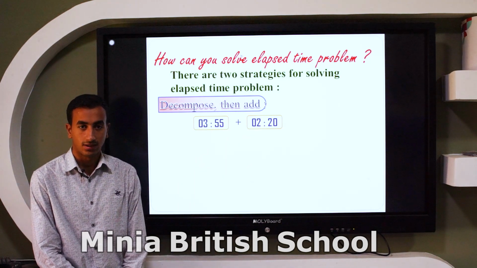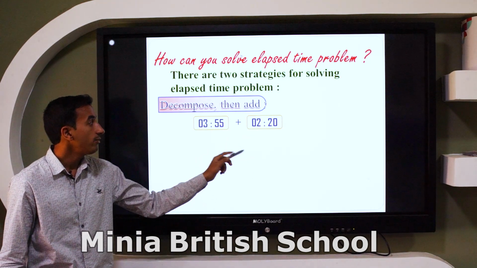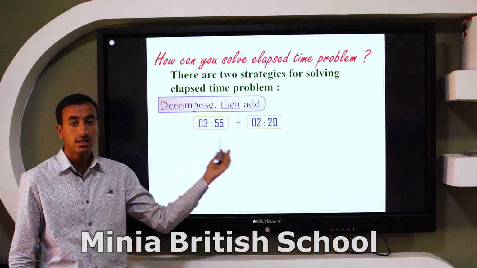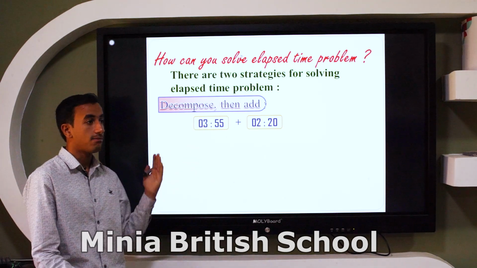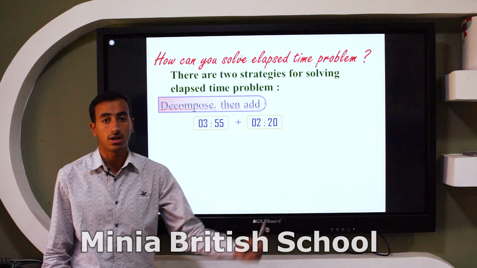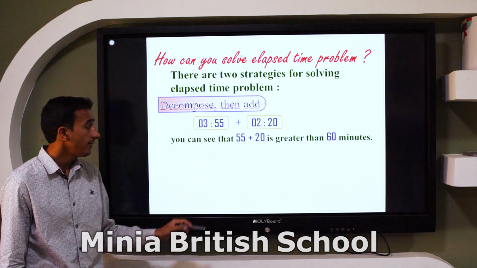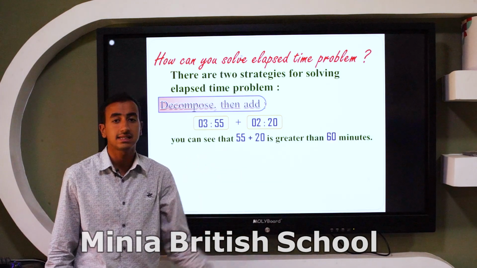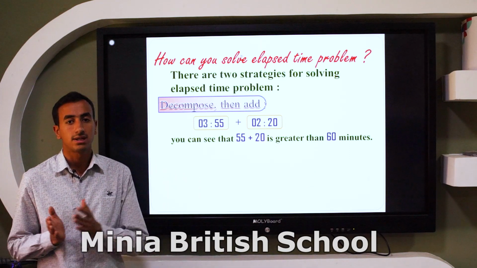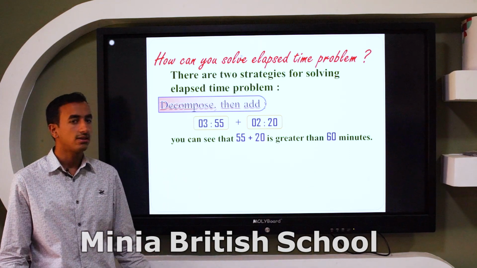minutes. If we must add the two times, we must add minute by minute and hours by hours. So 55 plus 20 equals 75 minutes.